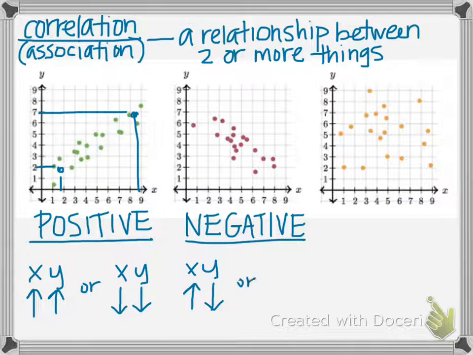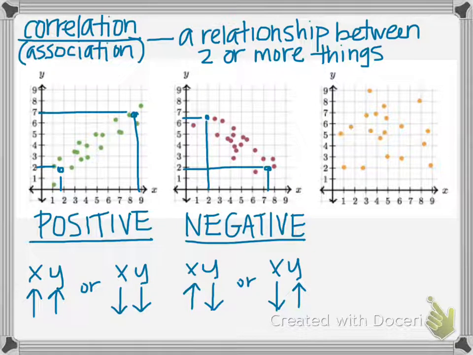Or, similarly, as the x values decrease, the y values increase. If we pick a couple points on each end, the point on the left is associated with a low x value but a higher y value. The point on the bottom right is associated with a high x value but a low y value.